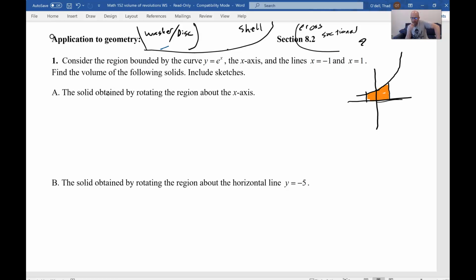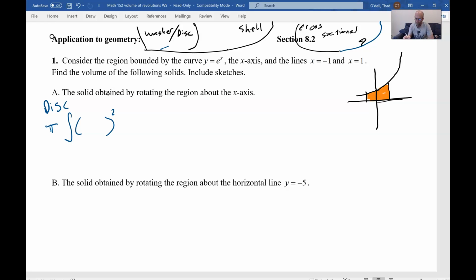You could try to picture this. Again, if you understand these methods, drawing the 3D shape may or may not help you. Once I realize that it's a rotating thing with no hole, then I immediately think I use either disk or shell method. If I'm going to use the disk method, then I know that that's pi times the integral of radius squared times some little change in the radius.